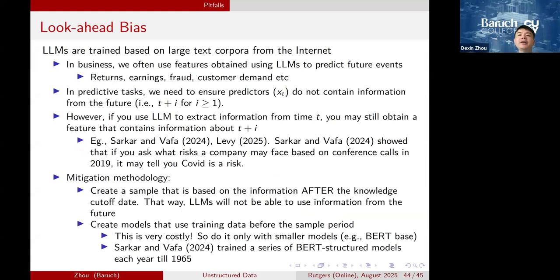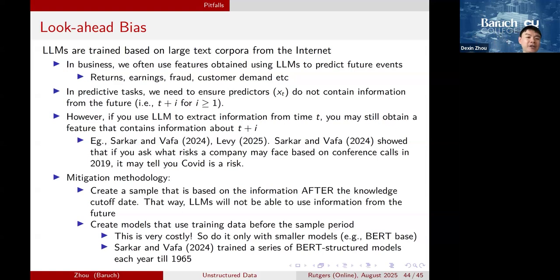One example is that at the end of 2019, if you ask what is the greatest risk that firms could face, sometimes GPT will tell you that COVID is the biggest risk companies will face, right? Of course, with the benefit of hindsight, we know that COVID was indeed a very big risk. However, if you're standing in 2019, you would not know that COVID would happen, right? This is what we call look ahead bias.